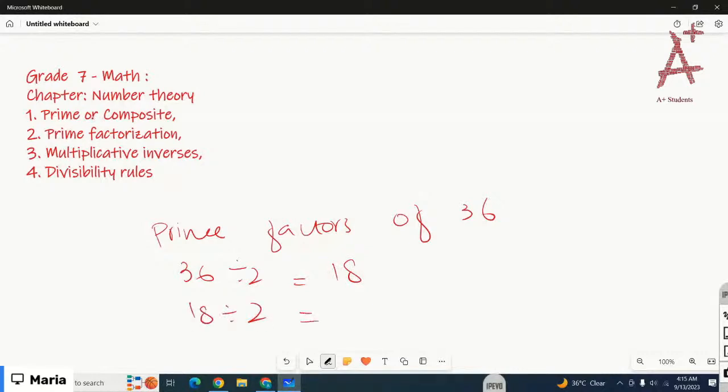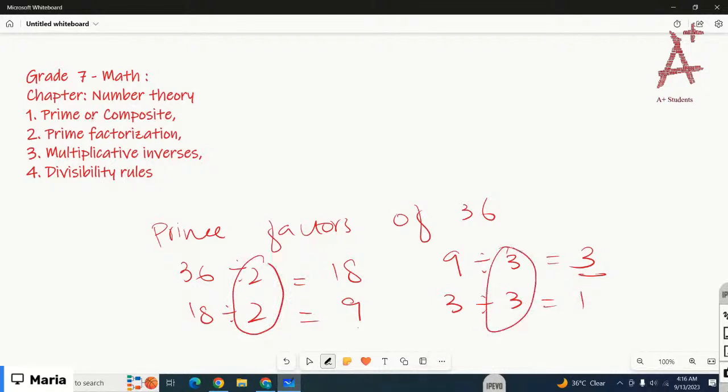Again, you can divide it by 2. That gives 9. You have to divide 9 by the smallest prime number. Which is the smallest prime number that can divide 9? It is 3. 9 divided by 3 is 3. Again, you have to divide 3 by 3, right? So you can see the prime factors are 2 times 2 times 3 times 3. That is the prime factors of 36, right? So that's how you write the prime factors.